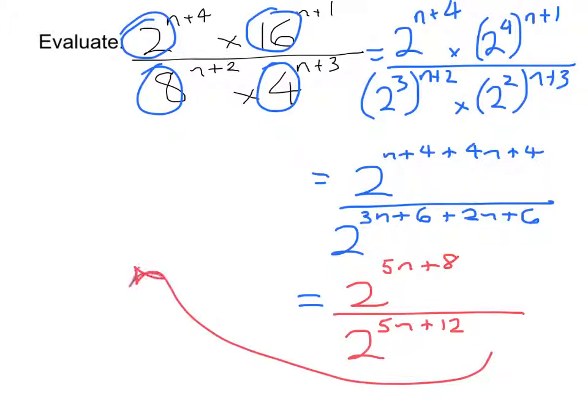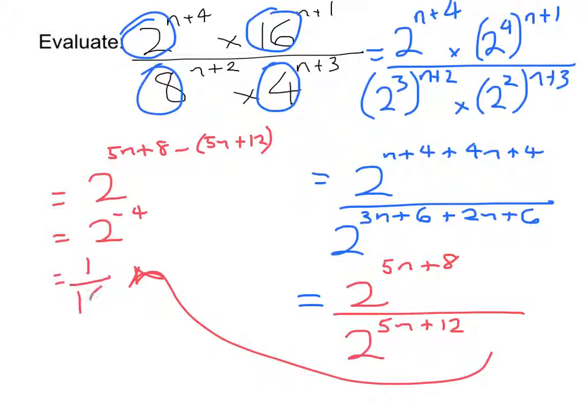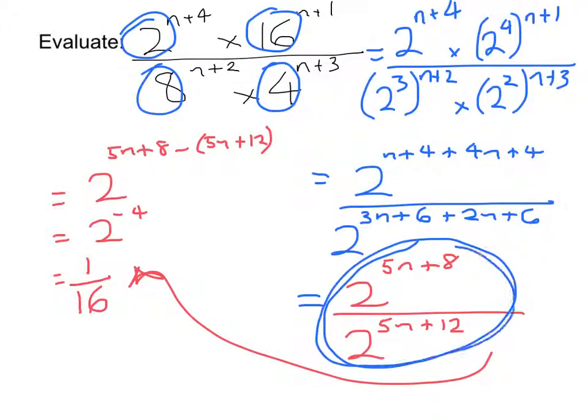So just moving over here, that gives me 2 to the power of 5n plus 8 minus 5n plus 12, which is 2 to the power of negative 4, or 1/16. Right, now it's fine if you saw from looking here that you were going to end up with 1/2 to the power of 4 and went straight down to this line here. Okay, last example coming up.